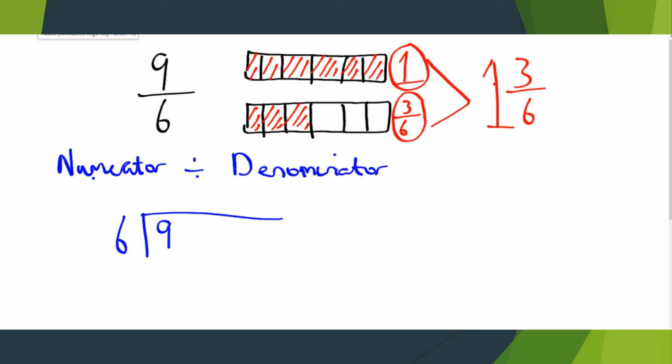Well, how many 6s can I get into 9? 9 divided by 6 is 1, remainder 3. So if you look at this again, I take my one whole and I bring over the 3 and I bring over the 6 and we are done.